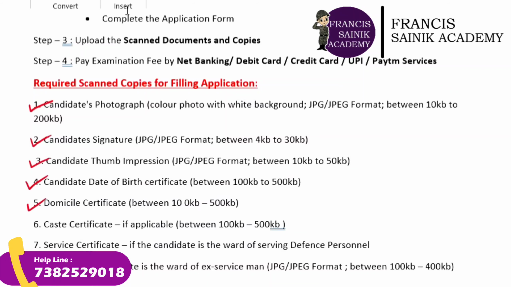Fifth, domicile certificate of the student. Sixth, caste certificate. And finally, service certificate if the student is the ward of service defense personnel, or PPO if the student is the ward of an ex-serviceman. Now let us have a look at each of them in detail.